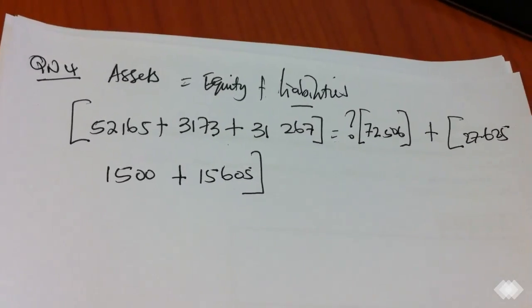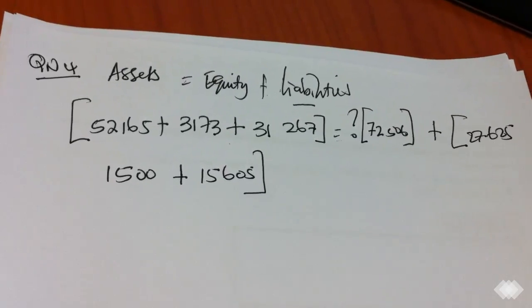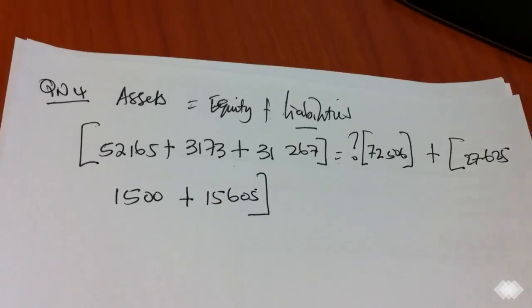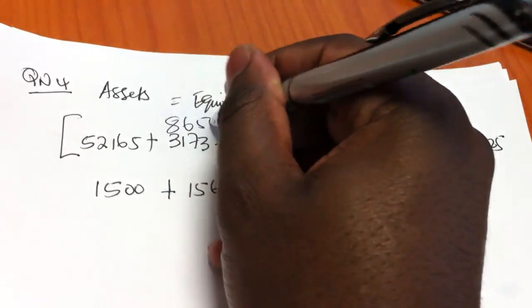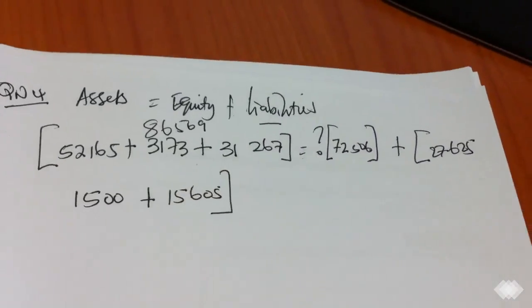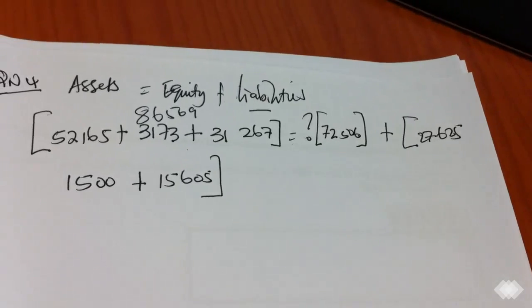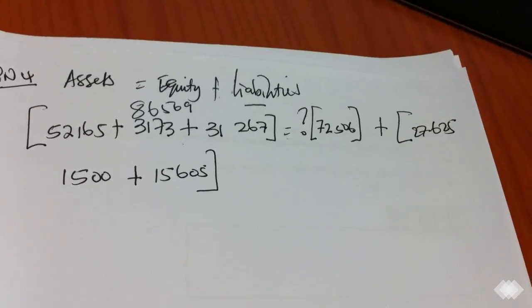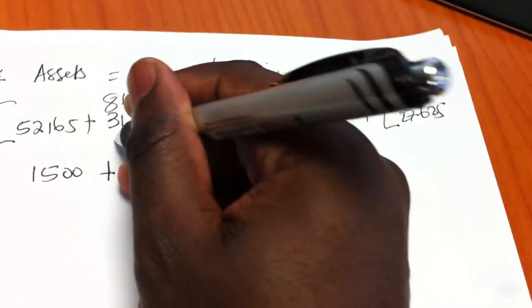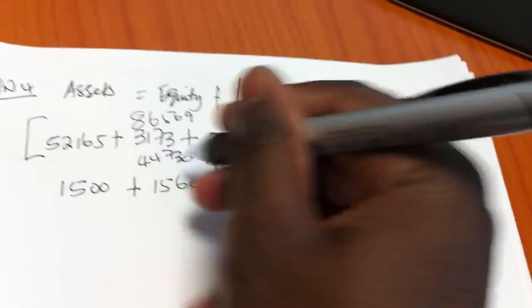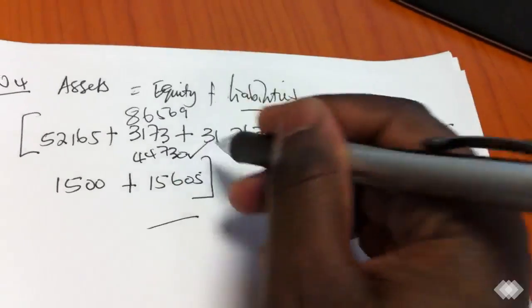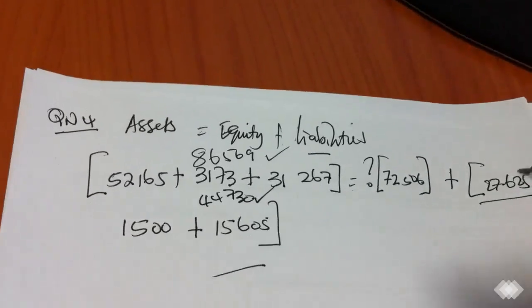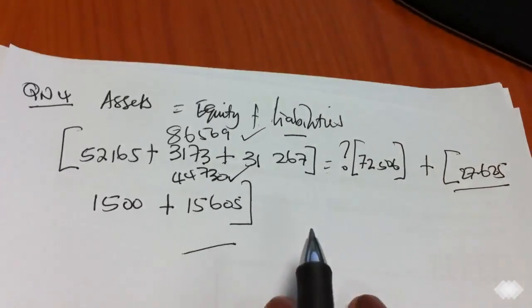If you add 85265 plus 3137 plus 31267, you get 86569. And then if you add the liabilities, 27625 plus 1500 plus 15605, you get 44730. So you're adding all this to get that, and all this to get that, right? These are the two figures that you have, but they're not equal.